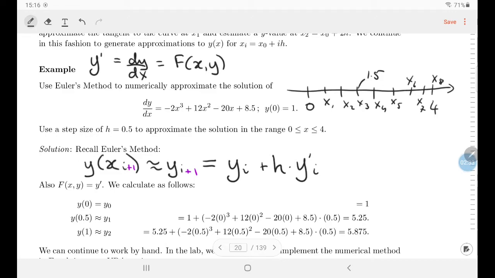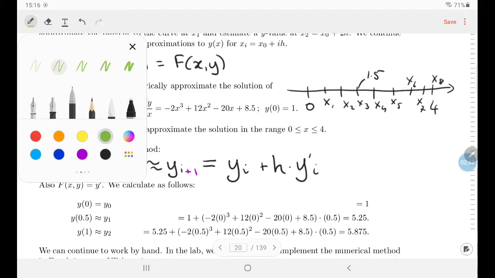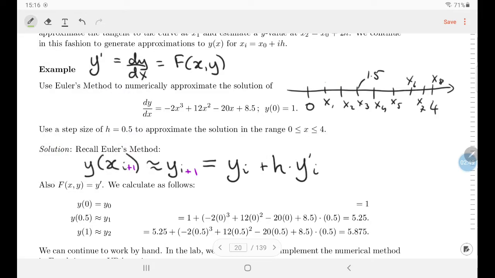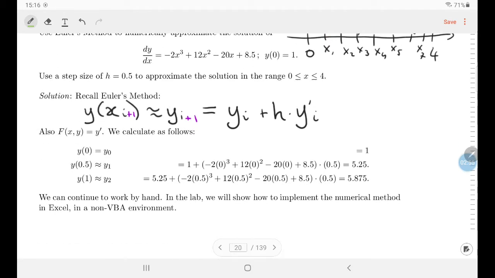So the next y value is the previous y value plus the step size times the previous slope. The plus 1 means next, and this is the previous one. The step size remains the same throughout the question. Step size is the distance between these, and they're all 0.5.